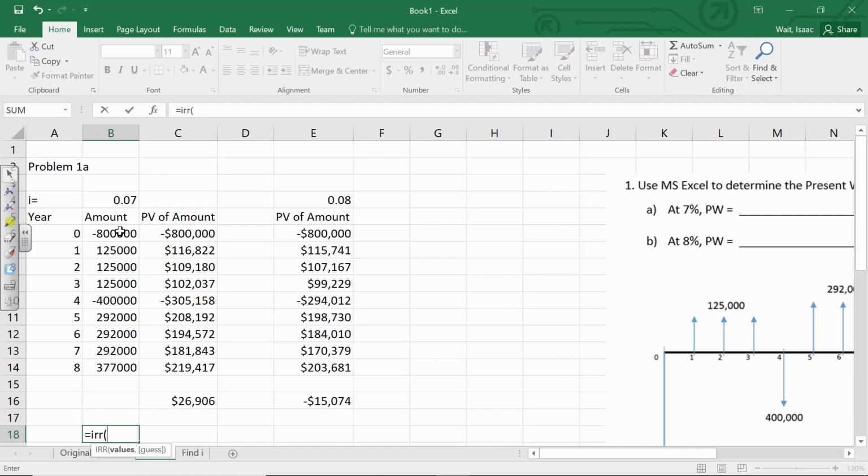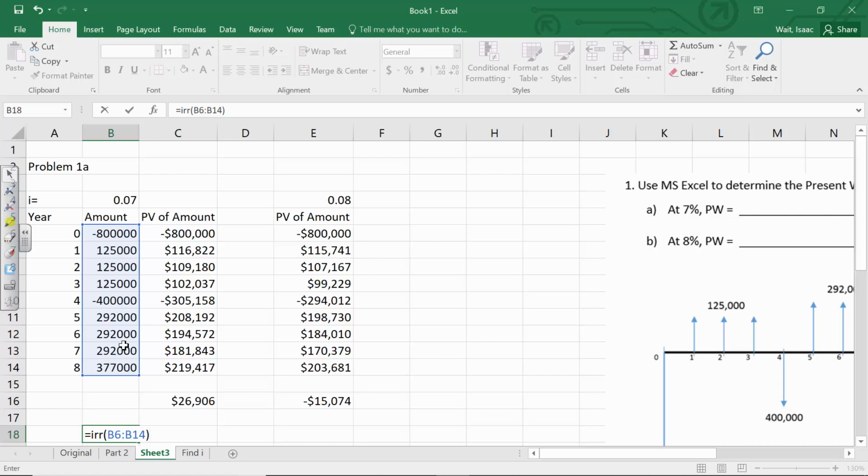In the case of IRR, you include everything. So you've got to remember the difference between the two. You include everything, so the entire cash flow diagram, and what it knows is when you set up this range, it knows that at the top of the list is year 0, and the next number it sees is year 1, and the amount after that is year 2, and so on and so forth.